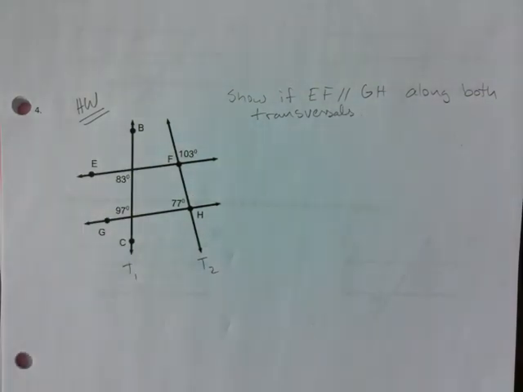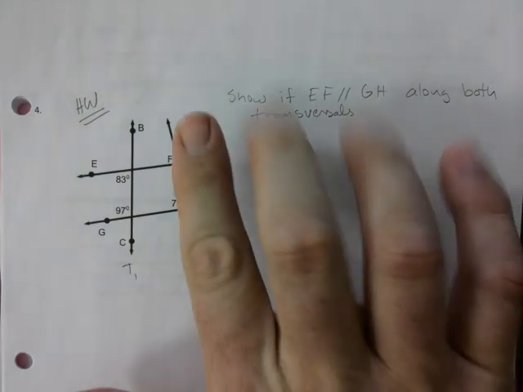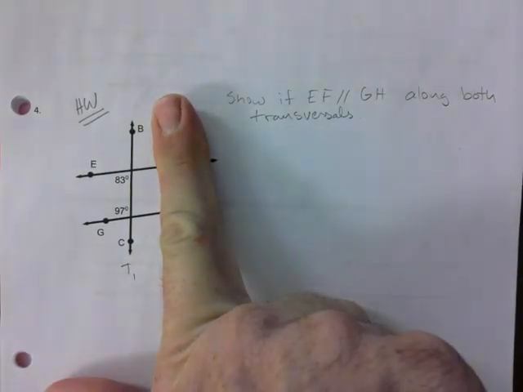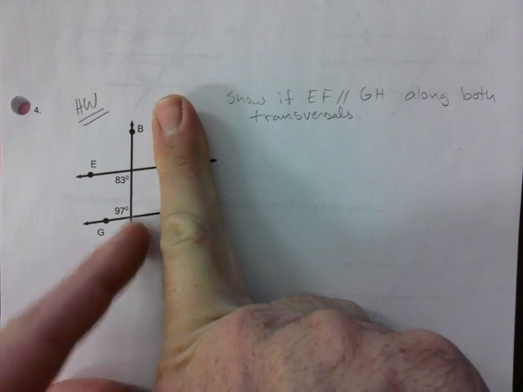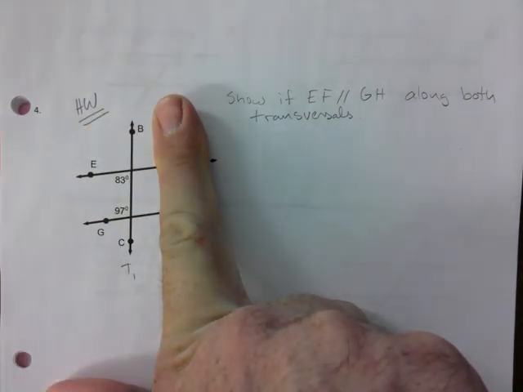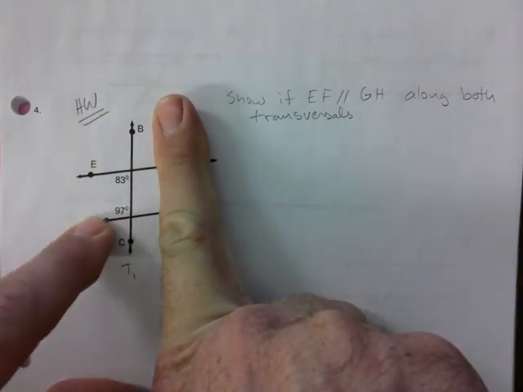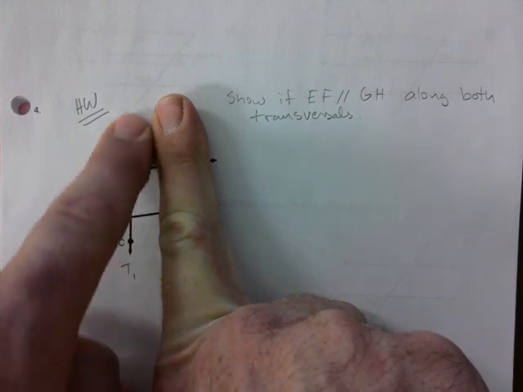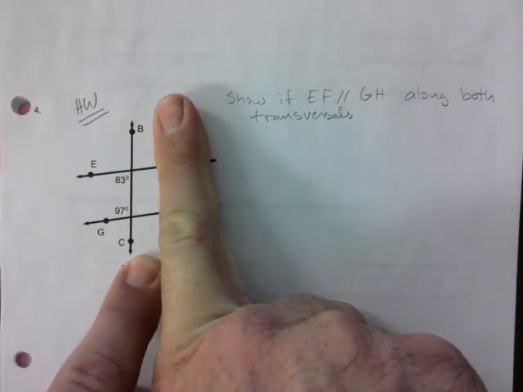What do you mean with that, Mr. Erickson? That sounds kind of bizarre to me. This is what I'm saying. Once you wrote it down, I'm going to tell you what I mean with that. I want you to cover this up and pretend like it's not there, and then just focus on this. How can you show whether or not EF is parallel to GH just along this transversal here?